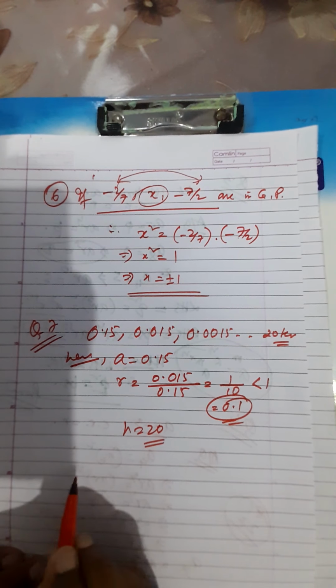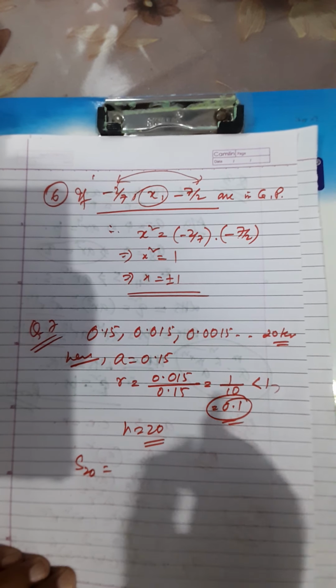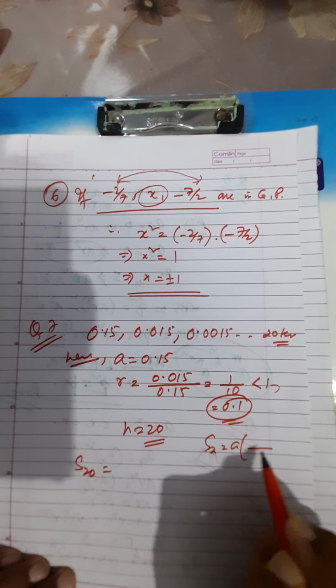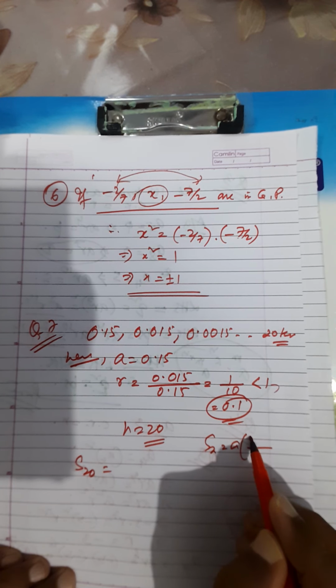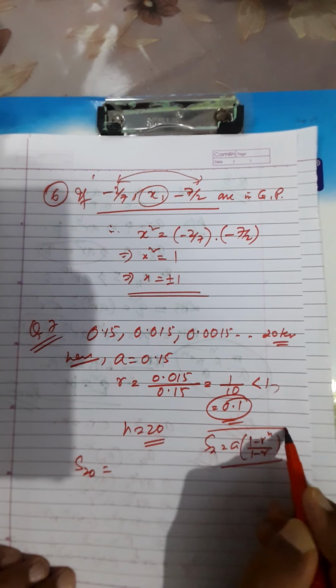So S20. As r is less than 1, the formula is Sn equal to A into 1 minus r to the power n, divided by 1 minus r. This formula we have to apply.